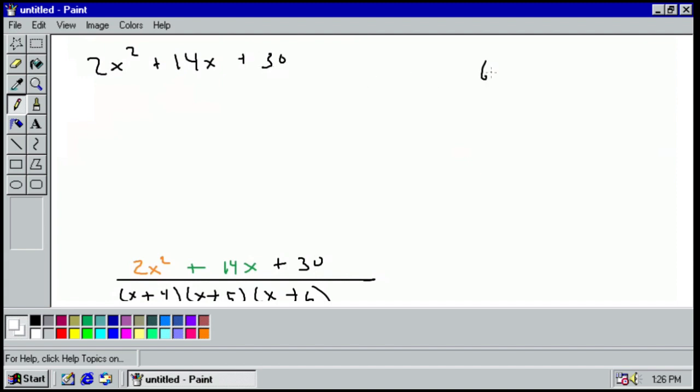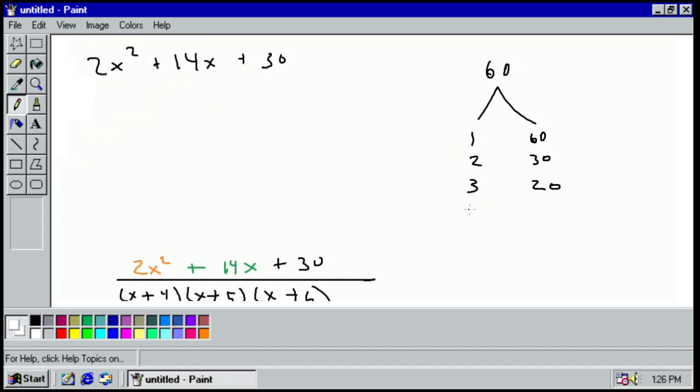So let's find factors of 60 that add up to 14. We have 1 and 60, 2 and 30, 3 and 20.